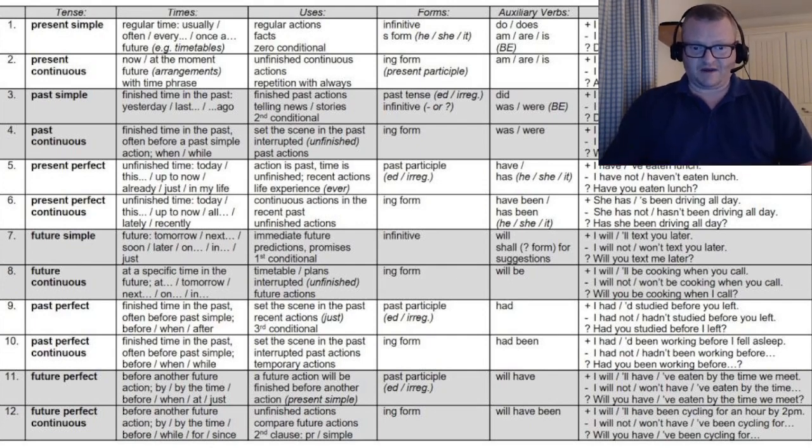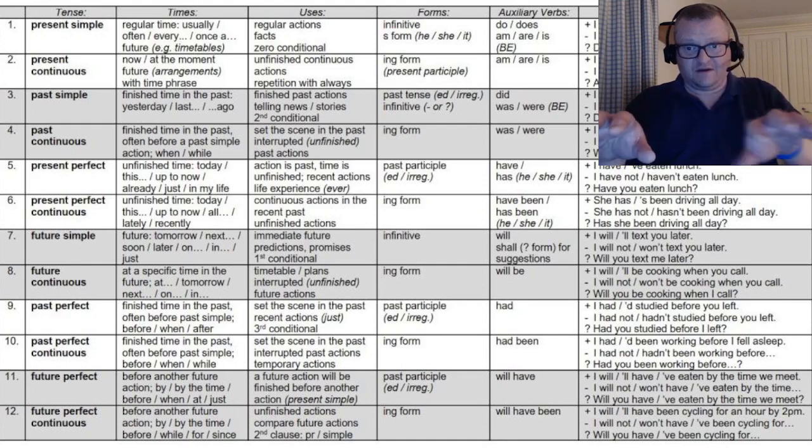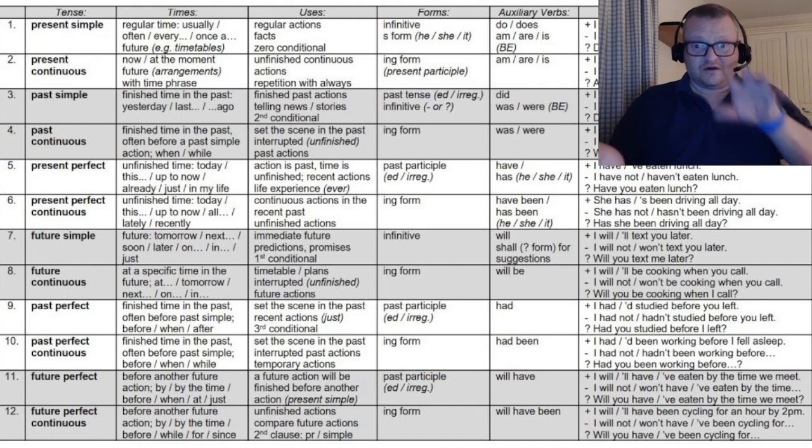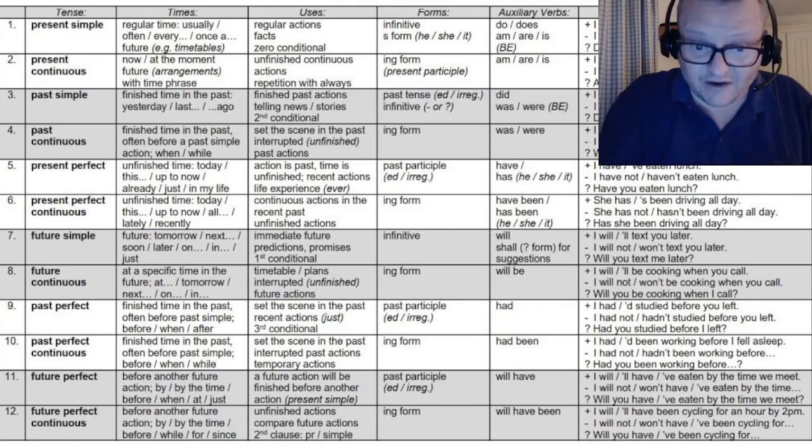I went to the bank and I spoke to the bank manager in the morning before I went to the bank. Then everything is flat, everything is in the same time zone. But with past perfect, it's before past simple. It's definitely in a different time period. And this is wonderful for us in British English.